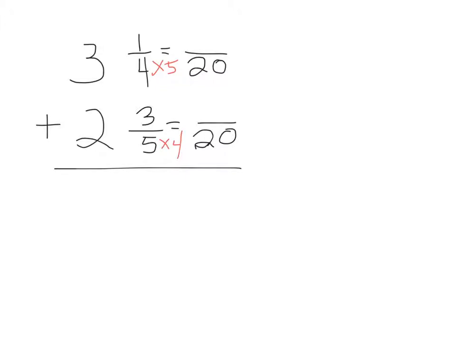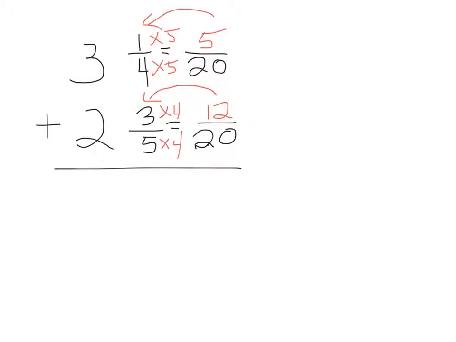So our multiples are easy to figure out when we're multiplying the two numbers. It's nothing new to figure out. So we'll simply do the same thing to the top as we do to the bottom of each of these fractions. 3 times 4 is 12. 1 times 5 is 5. And now we have two new fractions that are equal to their older fractions. These two are equal and those two are equal. But they have now the same denominators, which allows us to be able to add our numerators.